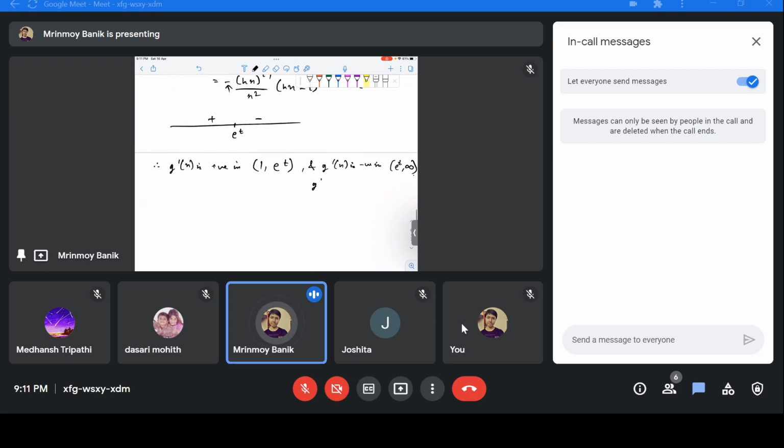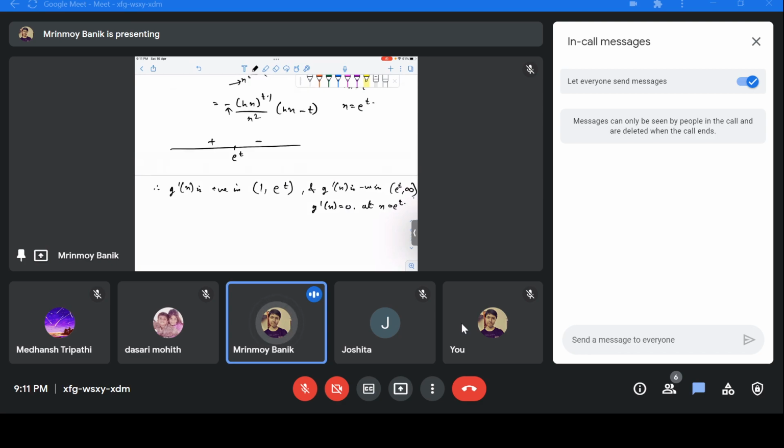Right, and g dash n is 0 at exactly n equals e power t. So it basically looks like increasing, decreasing. So we're getting a local maxima, which is also the global maxima of this function g.